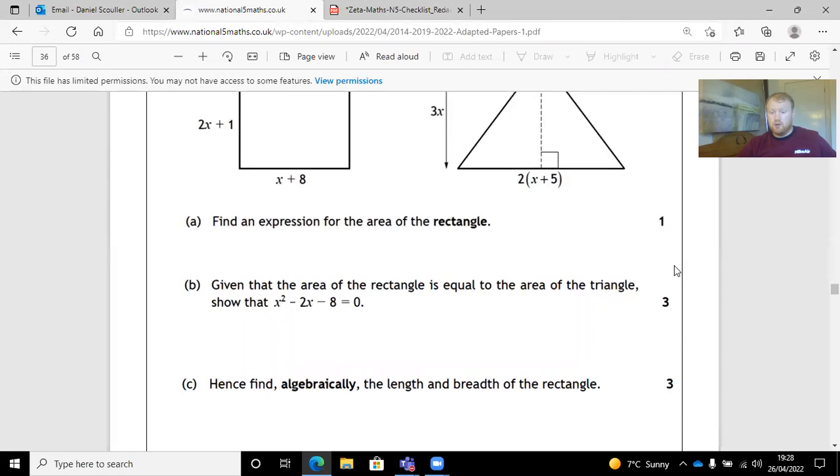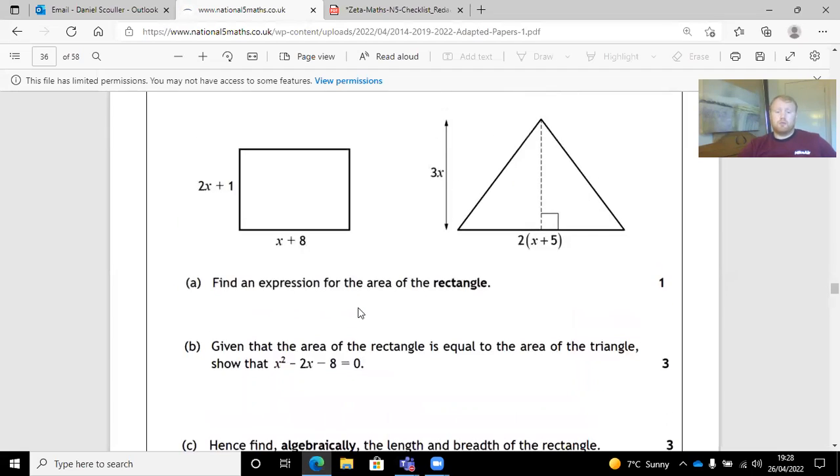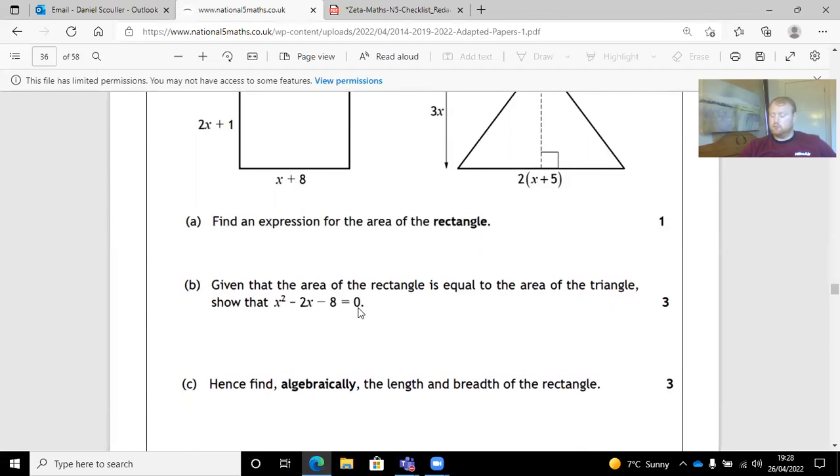So even if you don't pick up the first 4 marks, you can pick up the last 3 by just factorising that down. Any questions, guys?